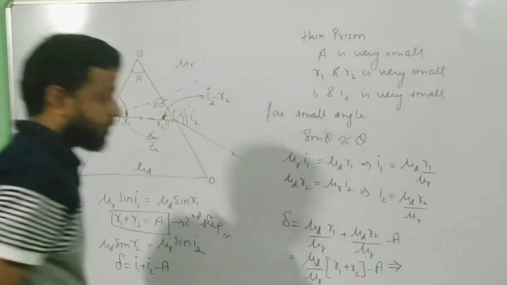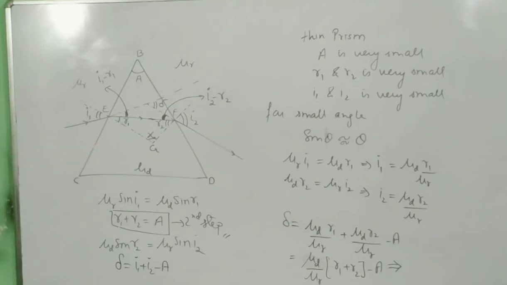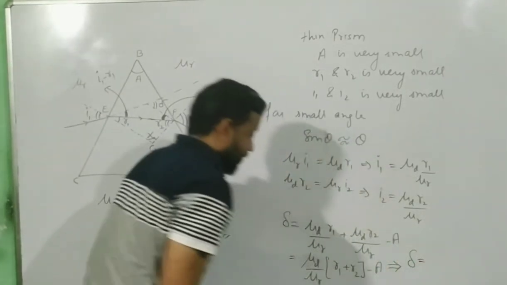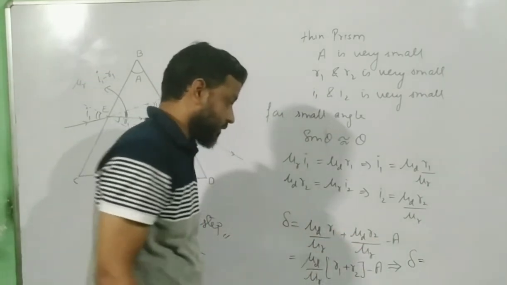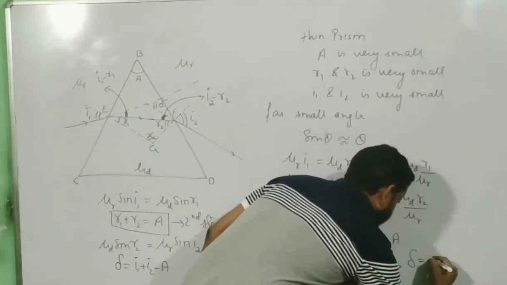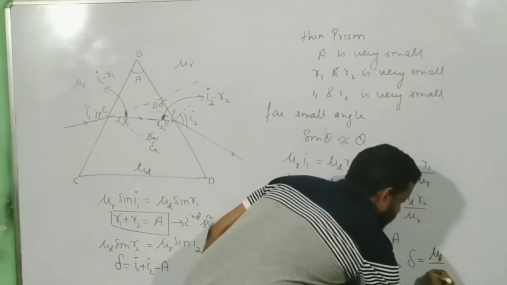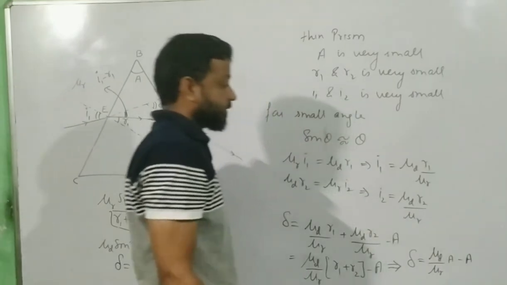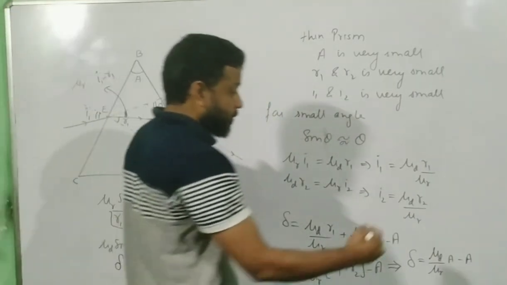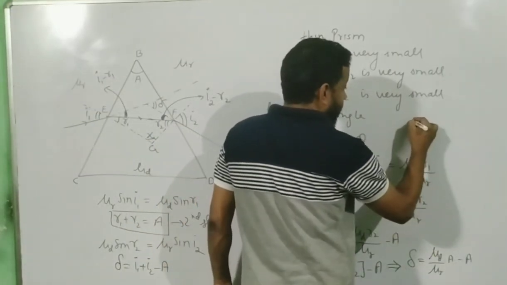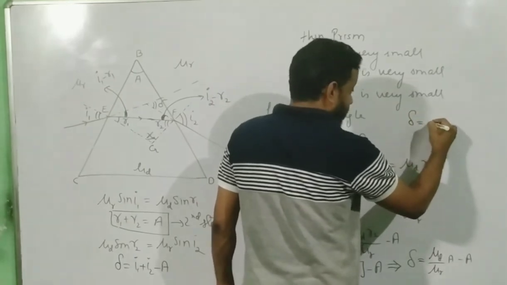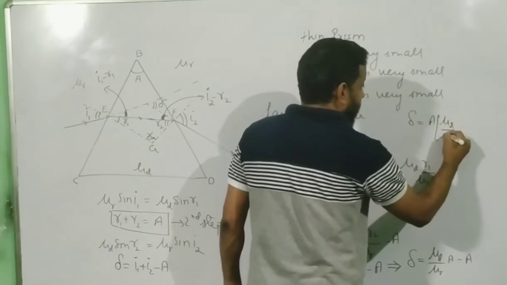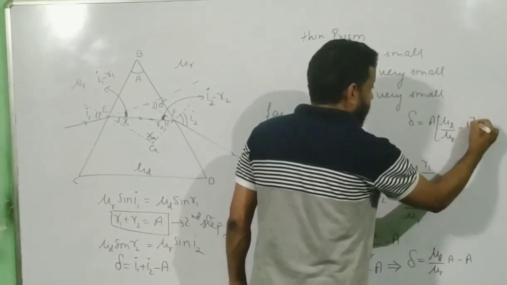This implies deviation will be equal to, now what is R1 plus R2? A. So I will get this one as mu d by mu r A minus A. Okay, and to be more precise, if you take A common, you will get deviation equals A times mu d by mu r minus 1.